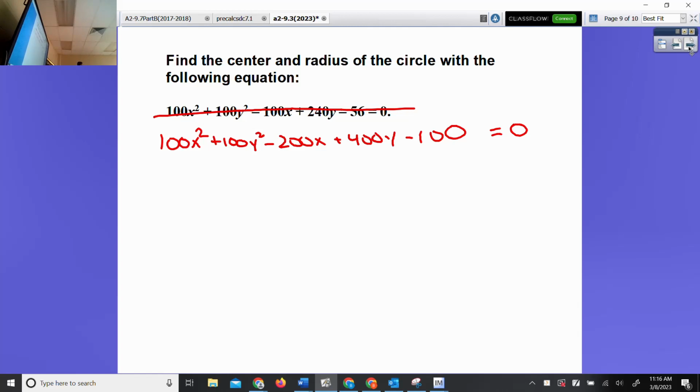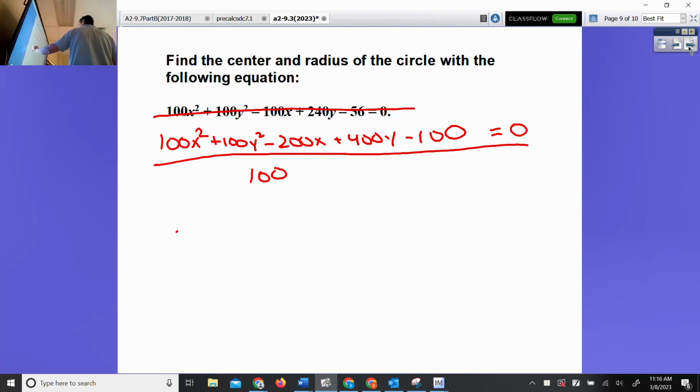What are you going to divide everything by? There's certain things you can do in order. Like you can divide the 100 out. Whatever's in front of x squared and y squared has to be divided out. There's 100 in front of both of them. I'm going to go ahead and do some grouping too here. 100 over 100 is 1. X's like X's, don't they? Minus, what's 200 over 100?